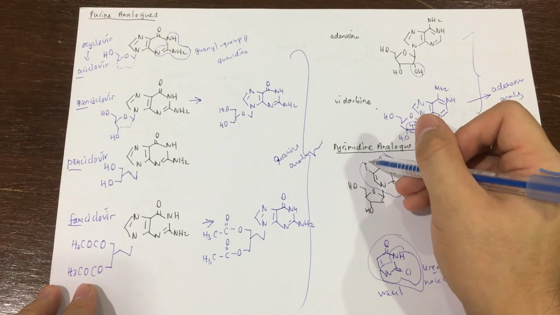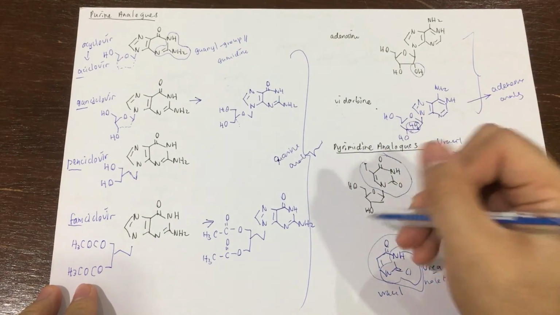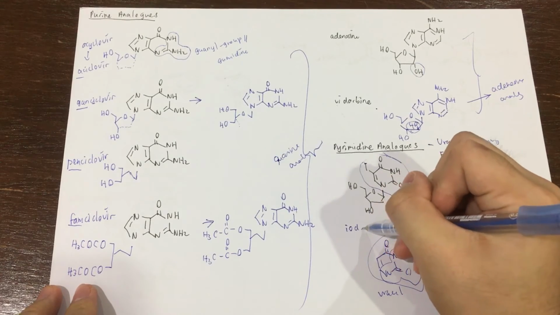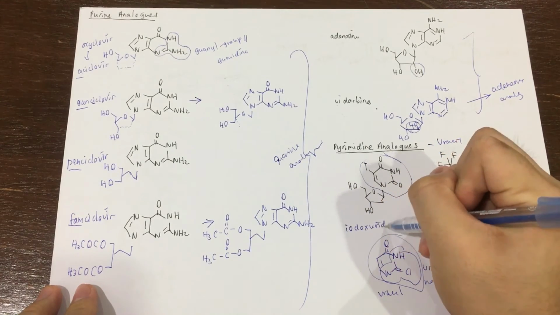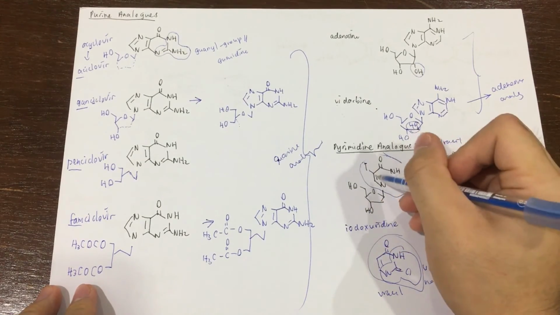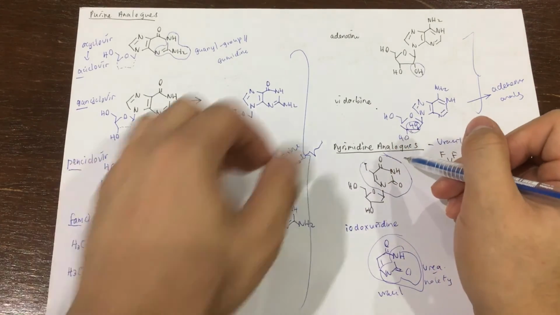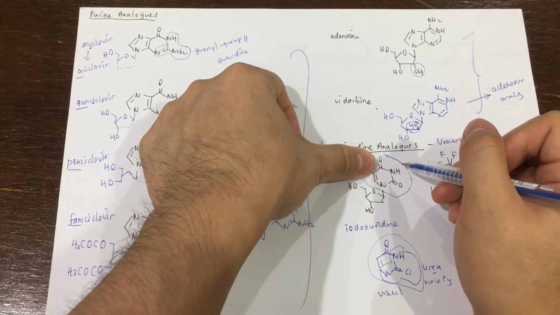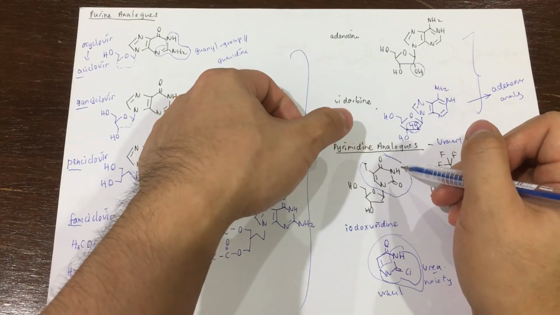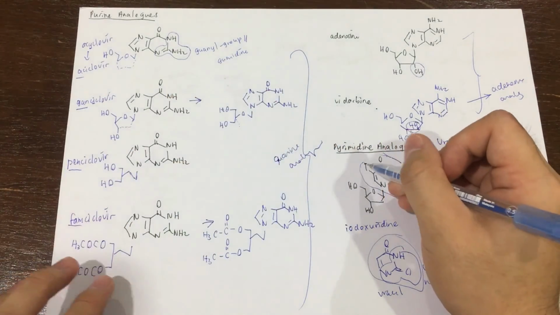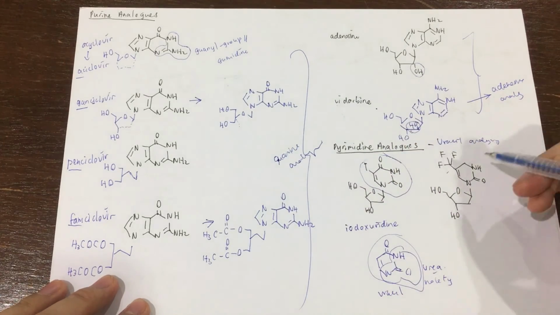There's an extra iodine substituted here, so we call it idoxuridine. Because this is basically uracil plus a sugar, we call it uridine, right? So this is uridine, this is idoxuridine. Just one more iodine. Okay, now to the next structure.